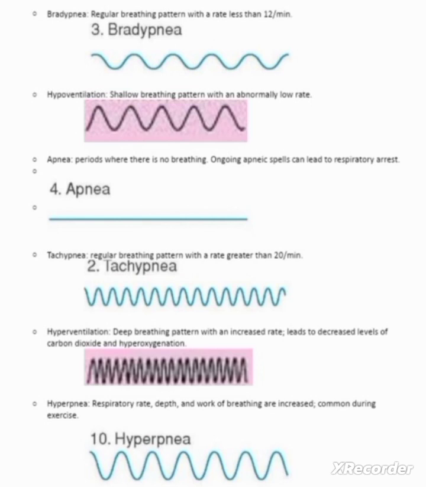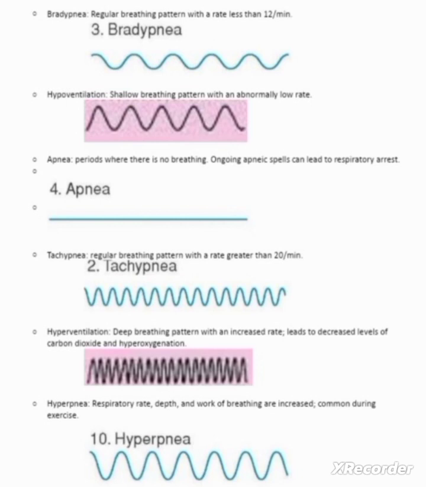Next one, hyperventilation. Hyperventilation is a deep breathing pattern with an increased rate leading to decreased levels of carbon dioxide and hyperoxygenation. In hyperventilation, there will be a deep breathing pattern.